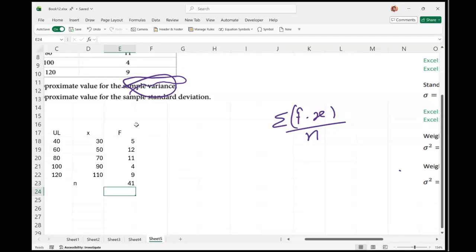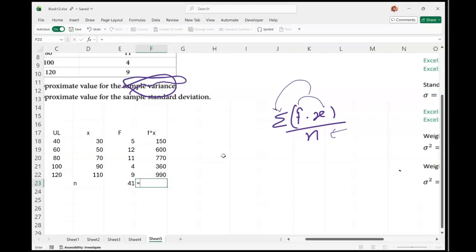So f times x, I will write it here, f times x. This is equal to this times this number, and now I'm going to move it in the downward direction, and here the sum of all these values. So you multiply f times x, then the next step is sum, then the third step is divide.